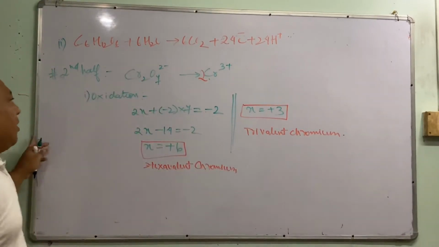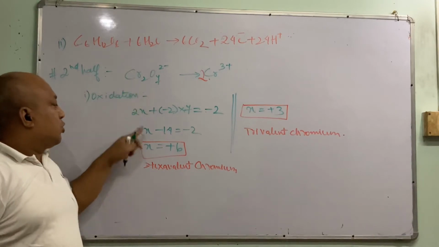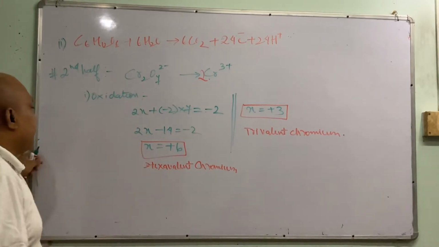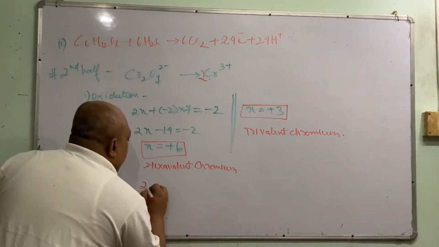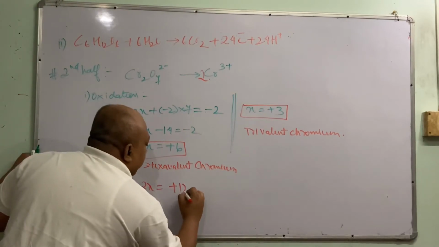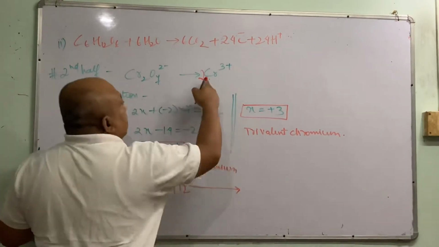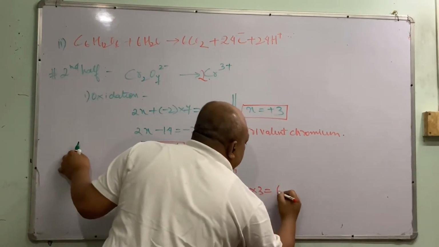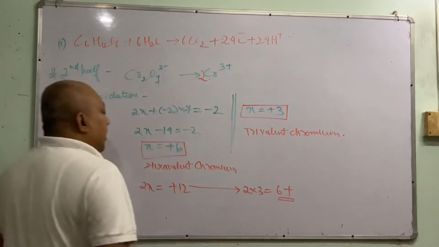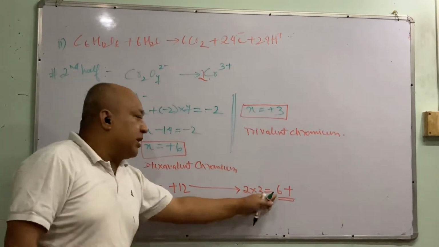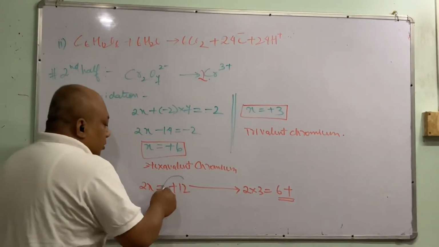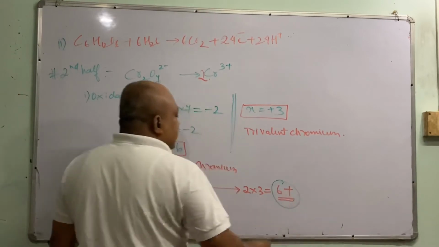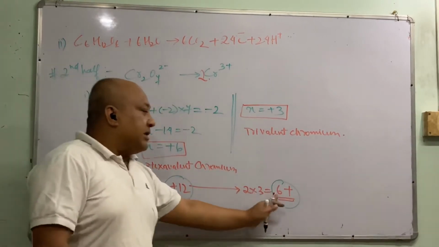Okay, now since this is 2 chromium, we can say 2x is equal to plus 12, and it goes to 2 into 3, which is 6 plus. So 12 is gone to 6. Now you can see here oxidation number is 12, oxidation number is 3. The left side is 12, right side is 6.